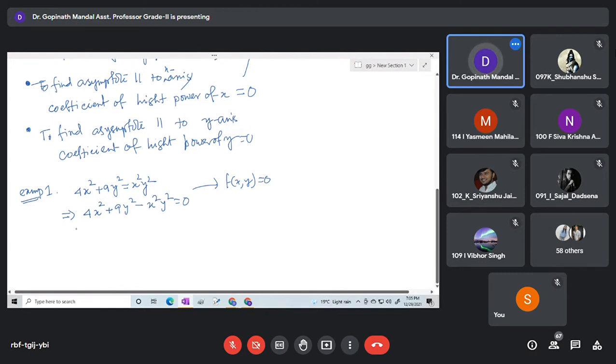Now equate the coefficient of the highest power of x; here the highest power of x is 2, so x².